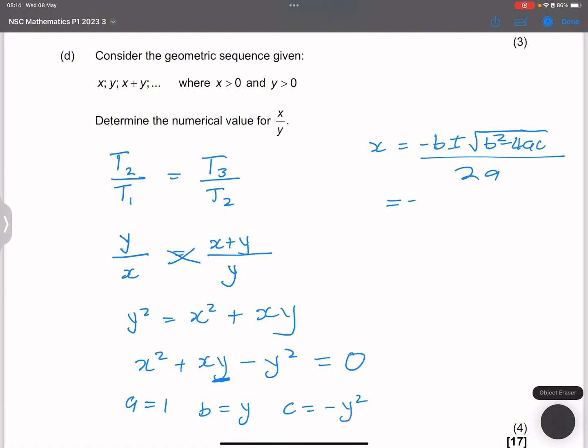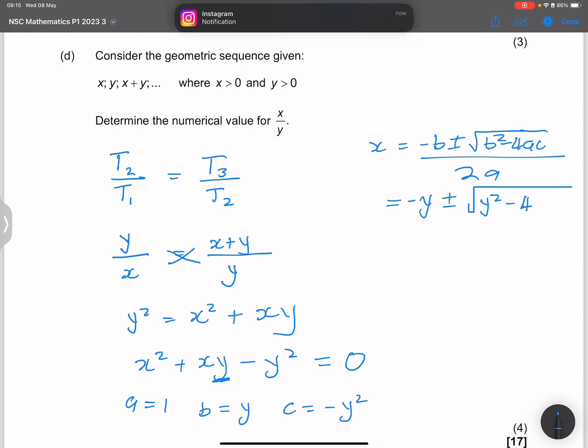So that's going to be minus b, which is minus y, plus or minus the square root of b squared, which is y squared, minus 4 times 1 times c, which is negative y squared, divided by 2 times a, which is 1.